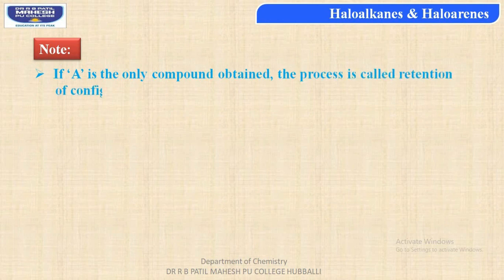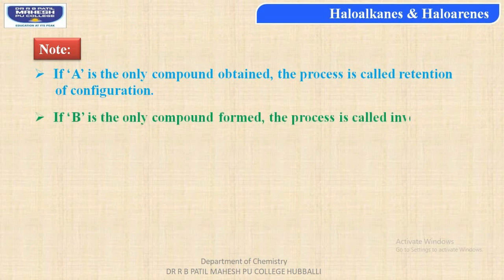That process is racemization. Now students, let us consider some important notes. If A is the only compound obtained, the process is called retention of configuration. And if only B is obtained, then the process is called inversion of configuration.